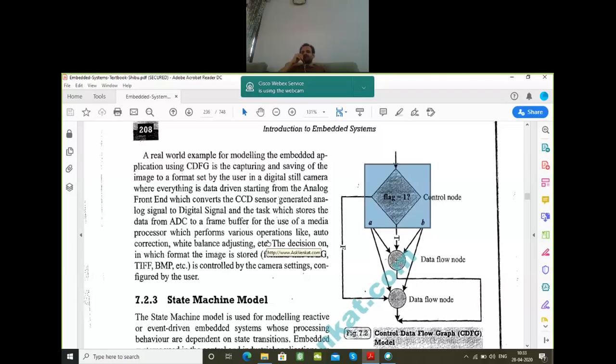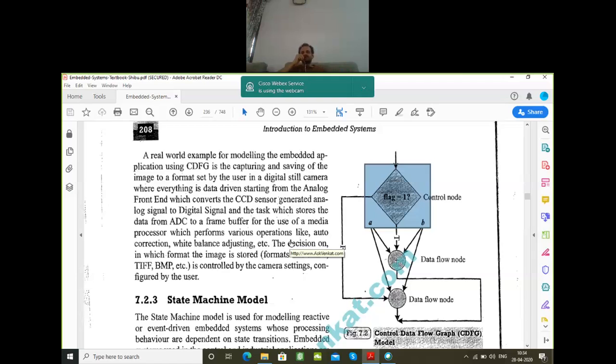The analog front end converts the signal to a digital signal through the ADC and stores it in the frame buffer, to be used later by the processor to perform operations like auto correction, white balancing, denoising, and so on.